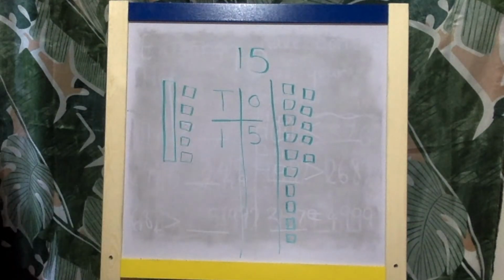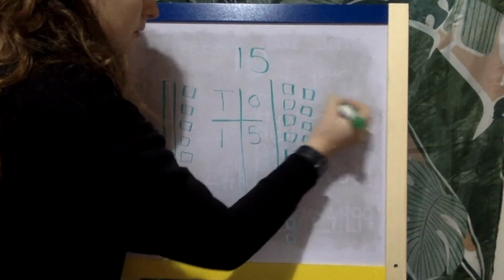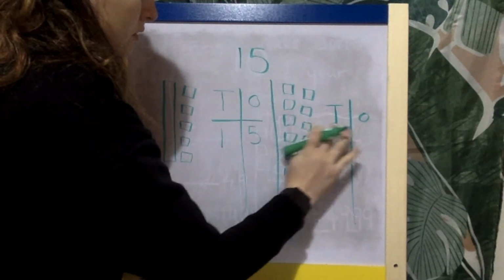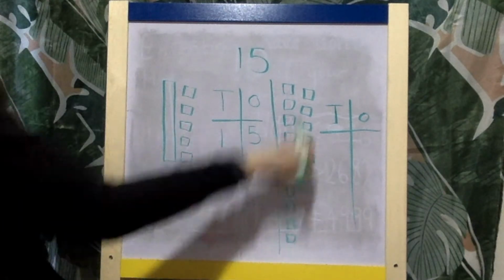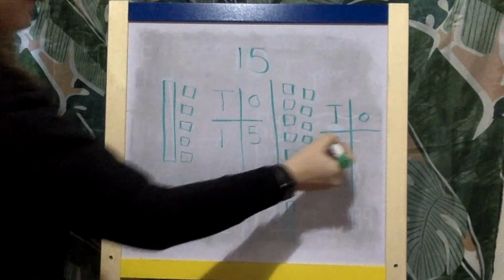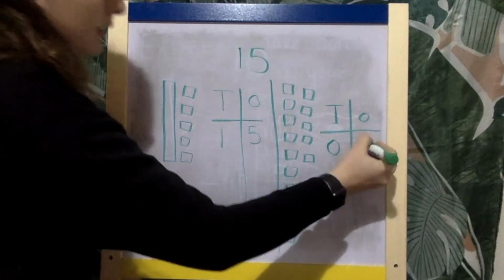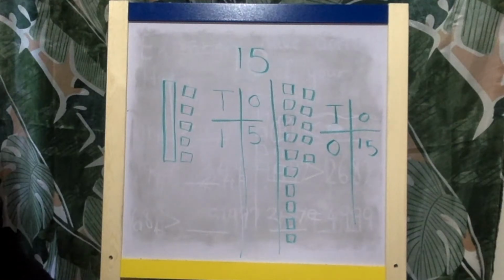That also makes 15. Let's show that in a table. How many 10s do we have here? None. How many 1s? 15. So that's a non-standard way of partitioning our number.